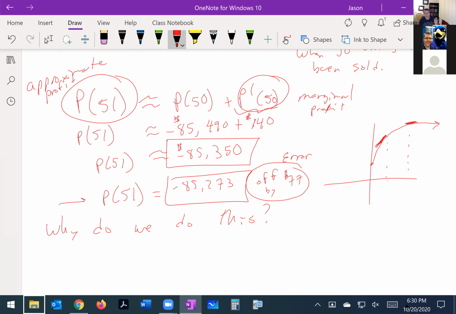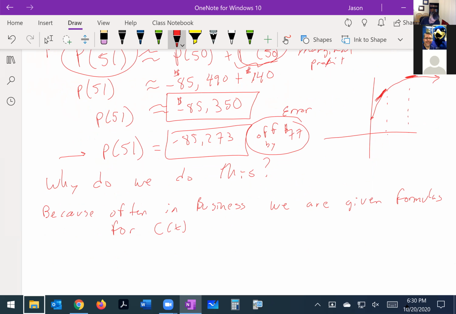So why wouldn't we just plug in 51? Why do we want to do all this approximation stuff? Well, because often in business we are not given formulas for C of X, R of X, or P of X. We just don't know the formula. We just know that when I sold five items, I made this amount of money.